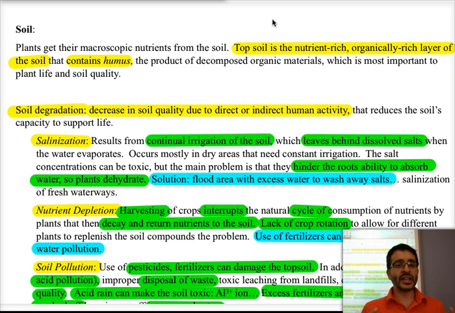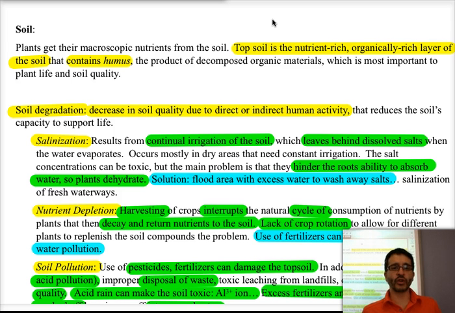They get that normally from the topsoil, which is the nutrient-rich organic layer of soil that contains humus. It contains all of the materials from the decomposition of other organic matter, and it's the most important factor in the quality of the plant life, let's say.